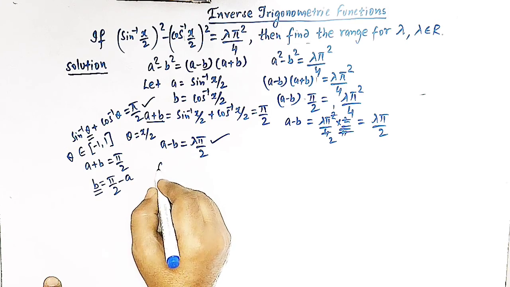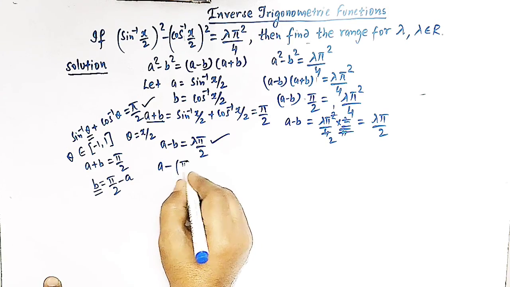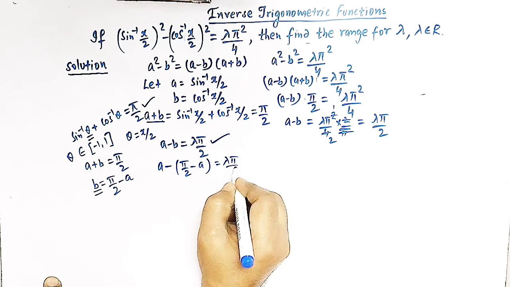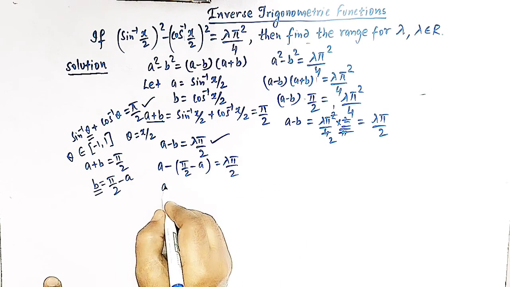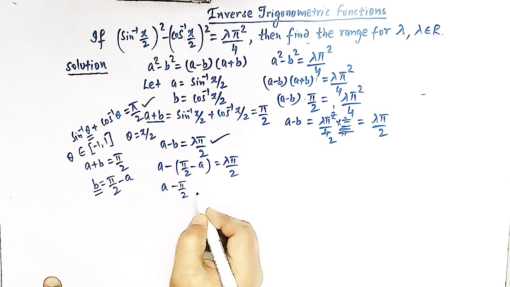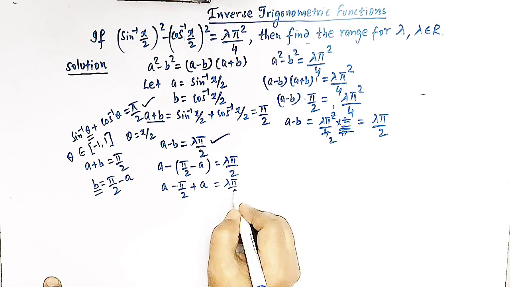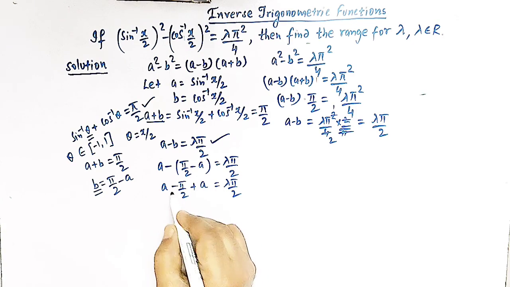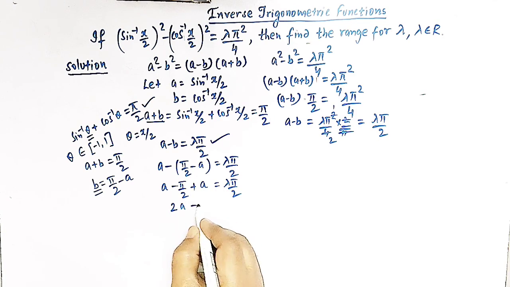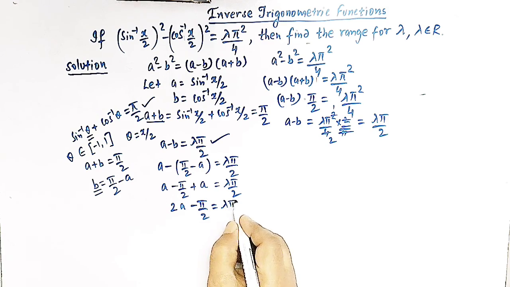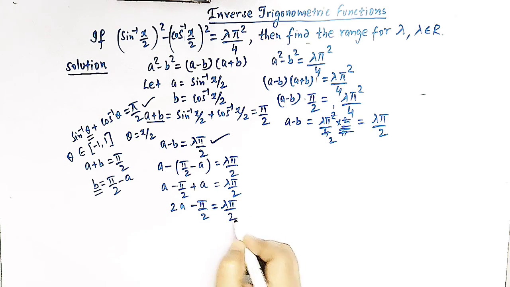So now we have a minus (pi over 2 minus a), and here we have lambda pi over 2. So we have now a minus pi over 2 plus a, that is equal to lambda pi over 2. So a plus a is 2a, and here we have minus pi by 2, and this is lambda pi over 2.